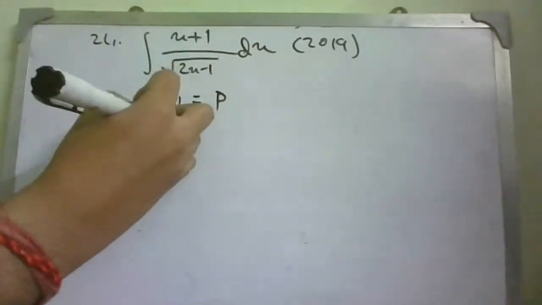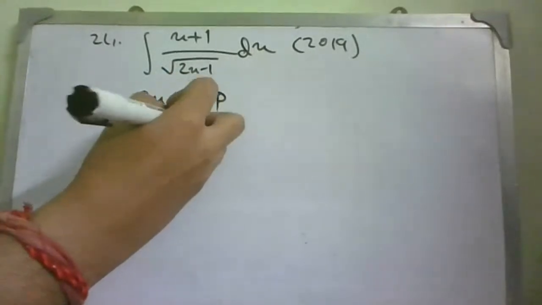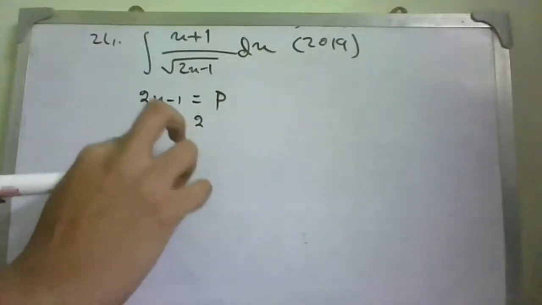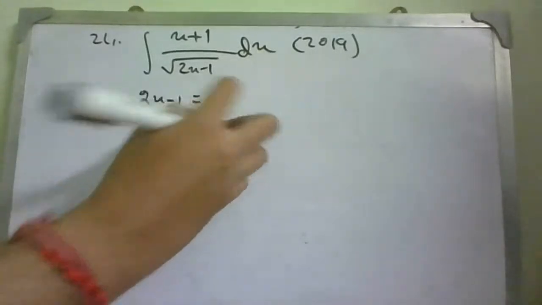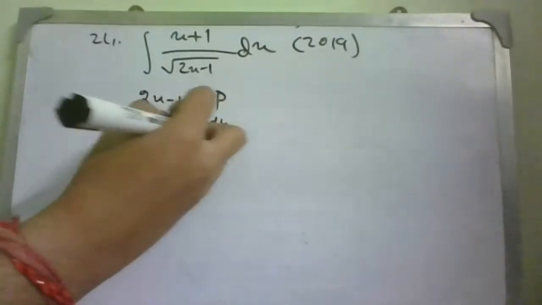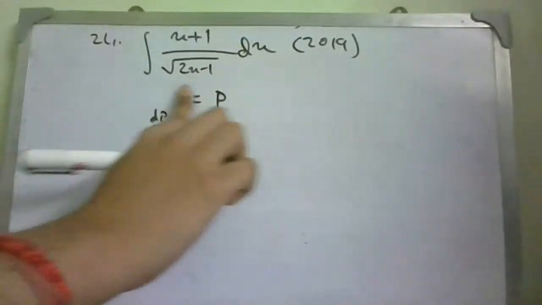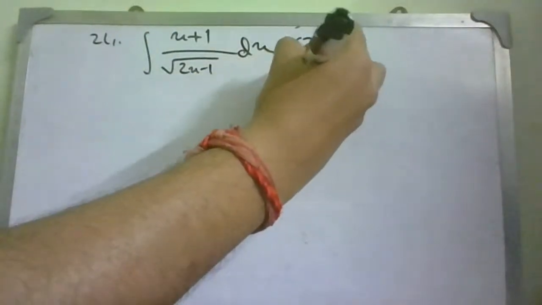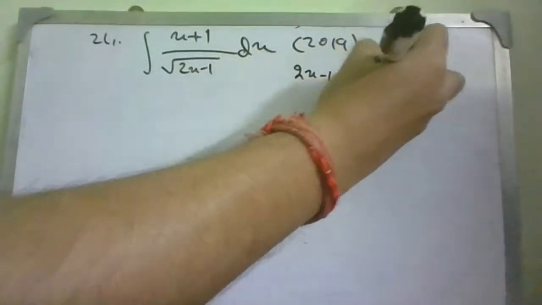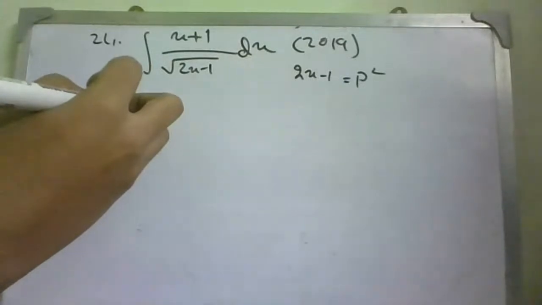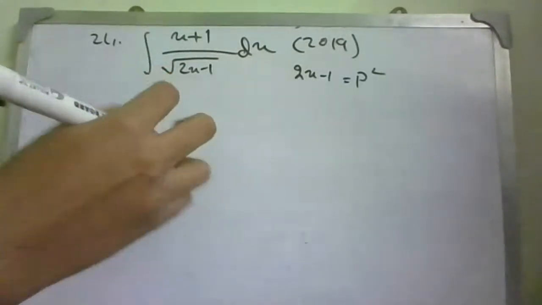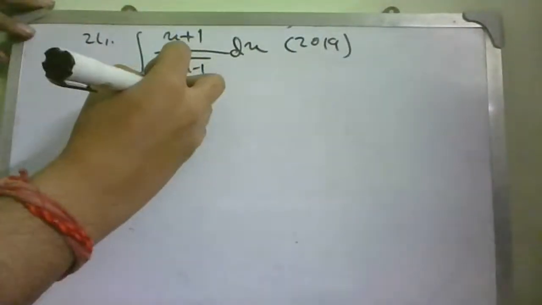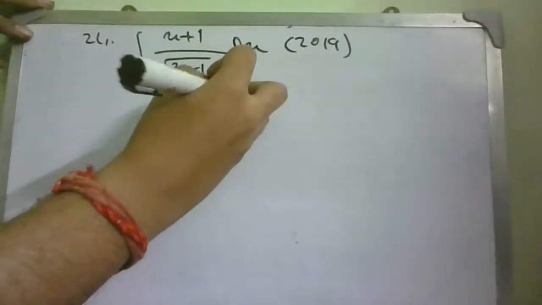Call it p. So dp over dx is nothing but 2. So dp is 2 dx, or dx is dp by 2. Just a second. We assume that 2x minus 1 is some p square.